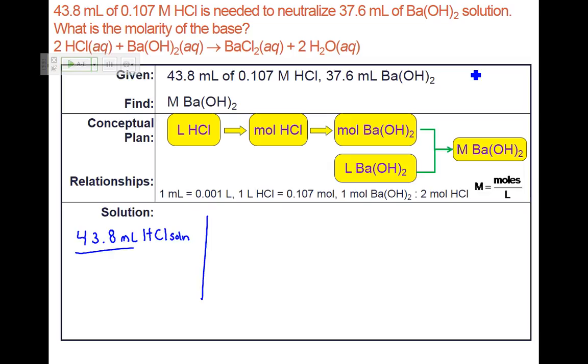So to figure out how many moles of HCl were in 43.8 milliliters of my solution, I can use my molarity. But first I need to convert this to liters.